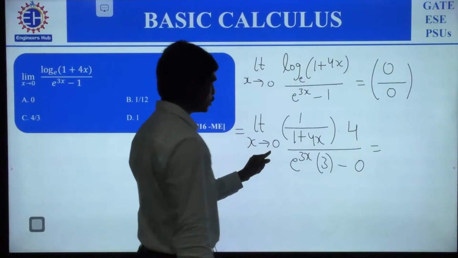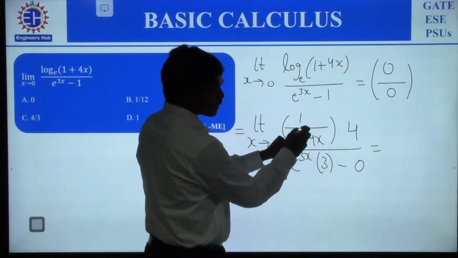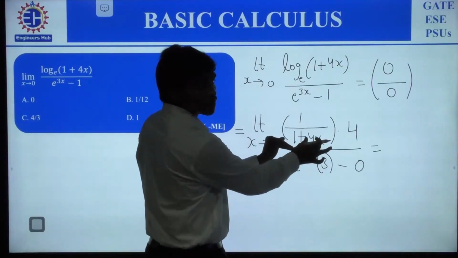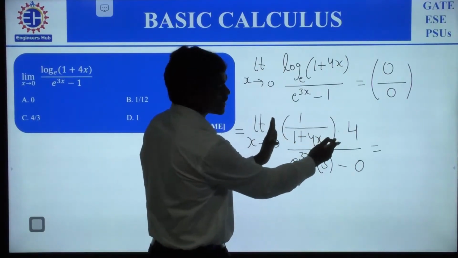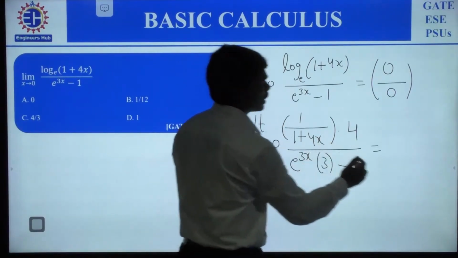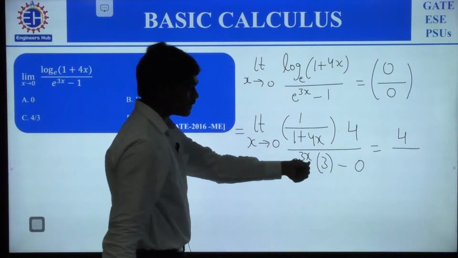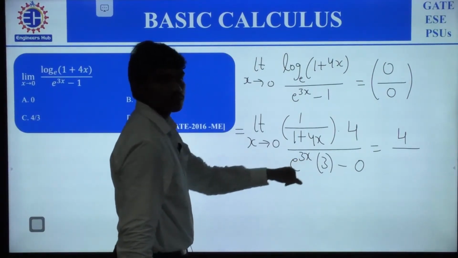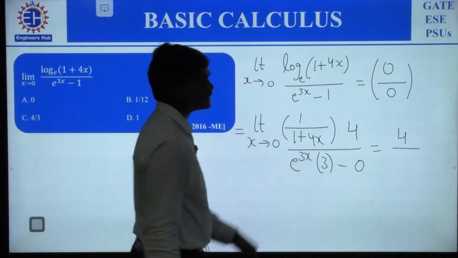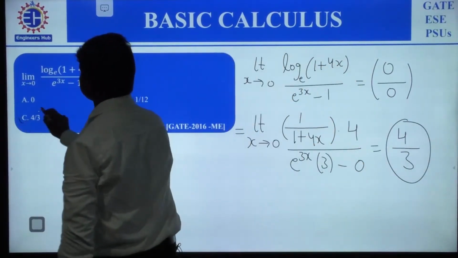Now if you substitute x is equal to 0, 1 by 1 plus 4 into 0 is 1, so this whole bracketed term converges to 1. So 1 into 4 is 4 divided by, putting x is equal to 0, 3 into 0 is 0, e power 0 is 1 and 1 into 3 gives you 3. So the answer is 4 by 3, which is option C.